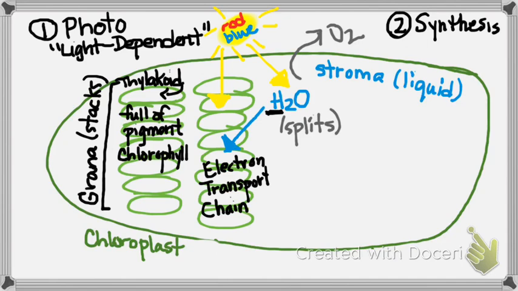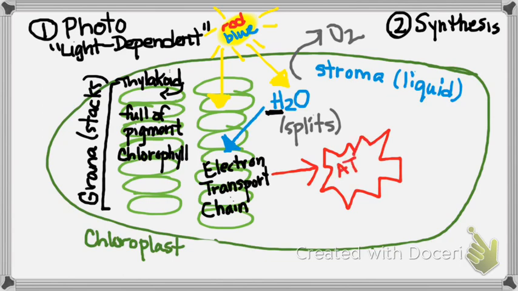And by stimulating all these electrons, what you wind up doing is creating some ATP. All right, and we know that ATP is energy. So what comes out of the electron transport chain will make us a little blast here, okay? And I know that looks horrible, but anyway.